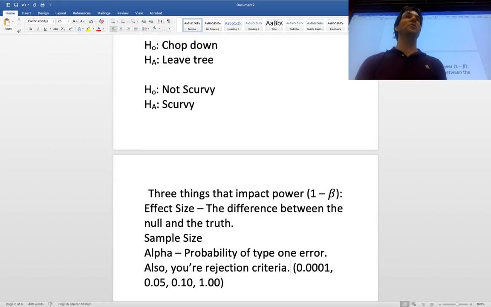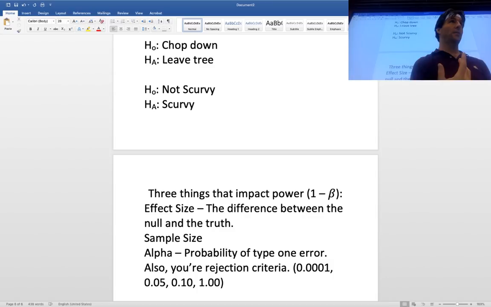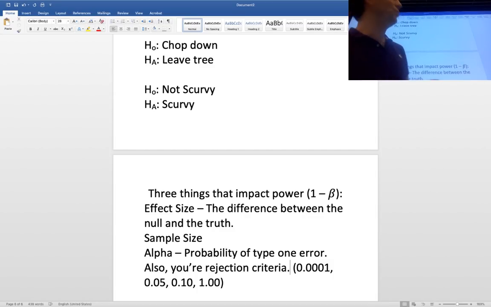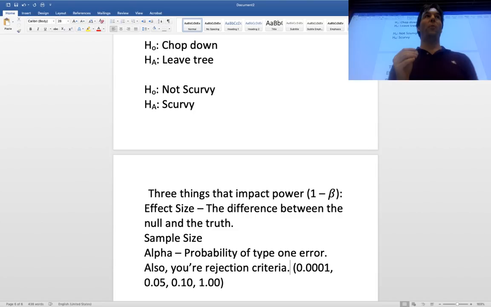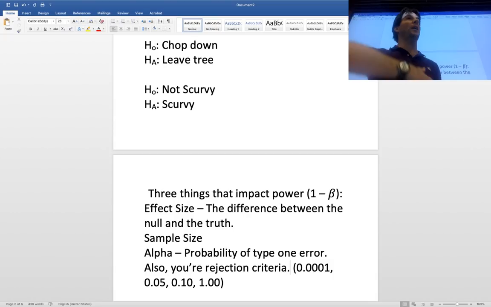But what is the full saying? When the p-value is lower than alpha, reject the null. Do you remember that? So what is usually alpha? Alpha is usually 0.05.